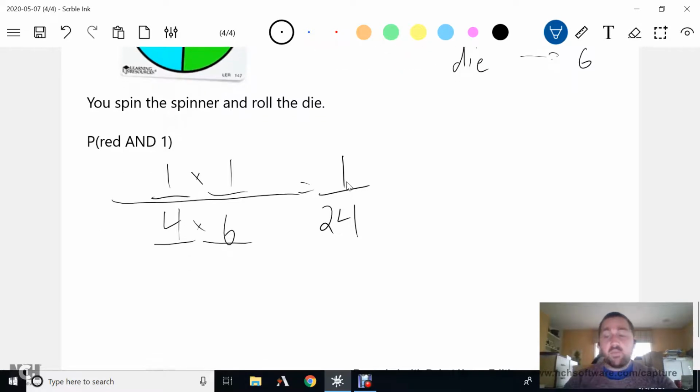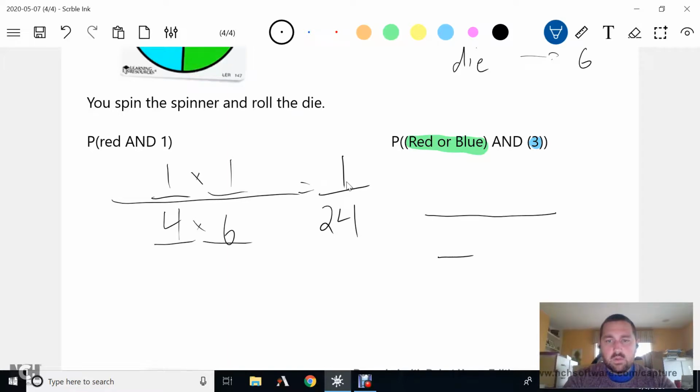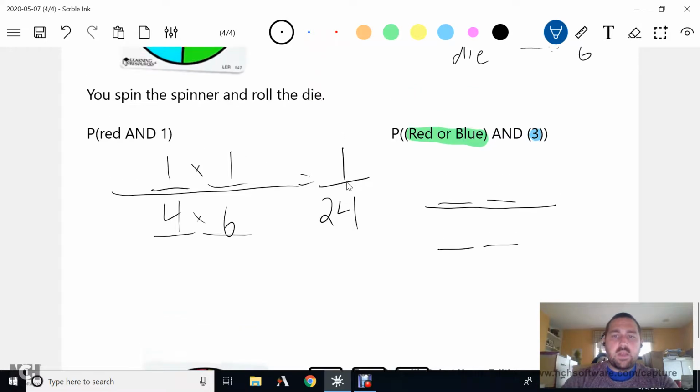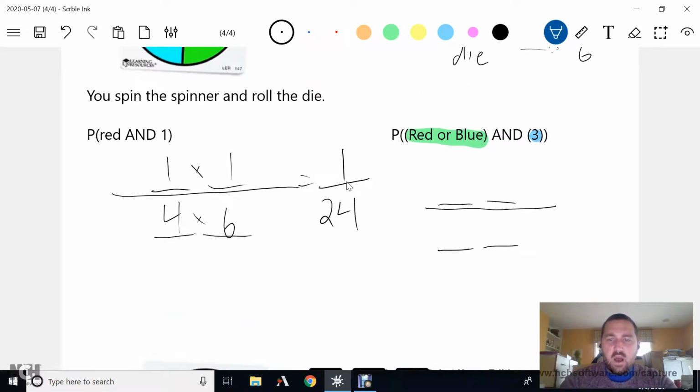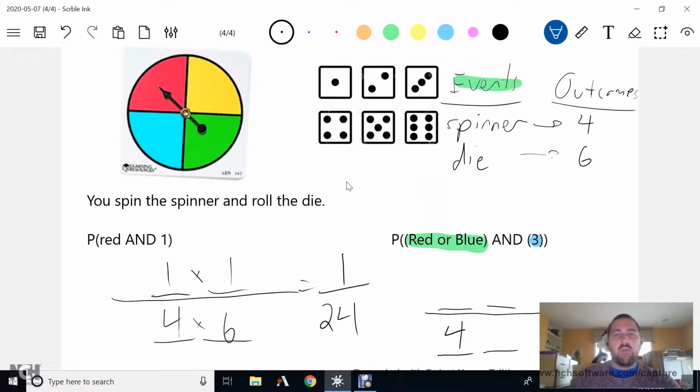Now, this works even for numerators that aren't all ones and ones. Let's look at this last one. Probability, this is a weird question, of getting a red or blue on the spinner and a 3 on the die. Okay, so we still have our 2 events. Make sure you can see that. And we know that the spinner has 4 total outcomes. How many of those outcomes are red or blue?